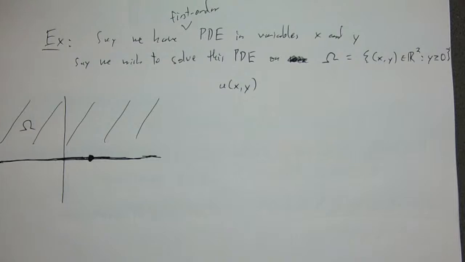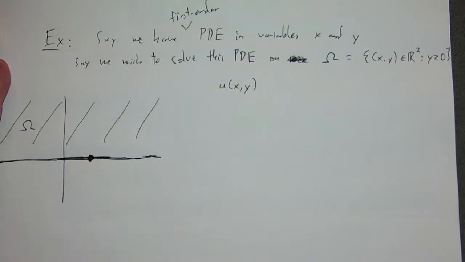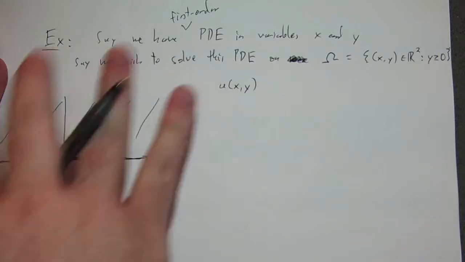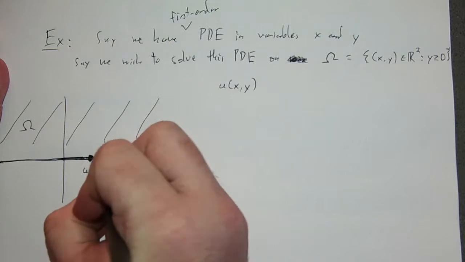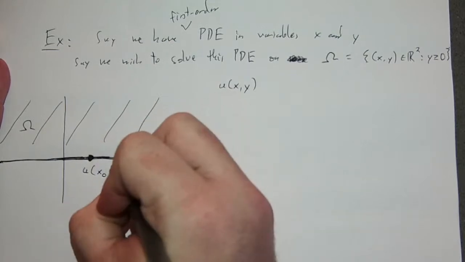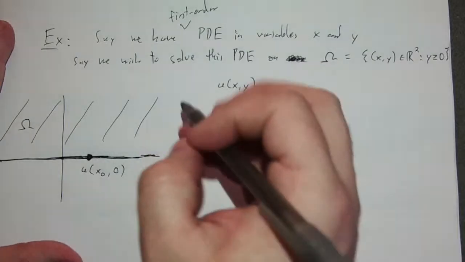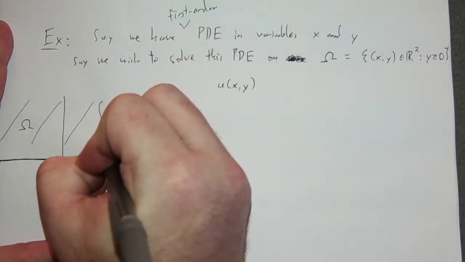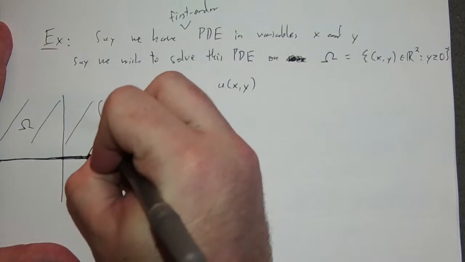So what I'm seeking is a curve such that all I need to know is some boundary value or initial value or some data. In this context, it's a boundary value. So I know, say, a boundary value here, and I seek a curve. I'm going to draw it like this, intersecting the x-axis at this point.